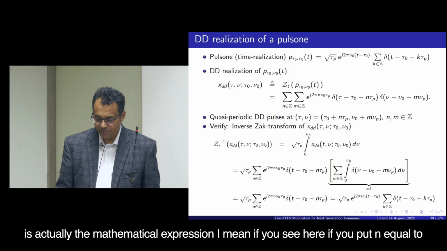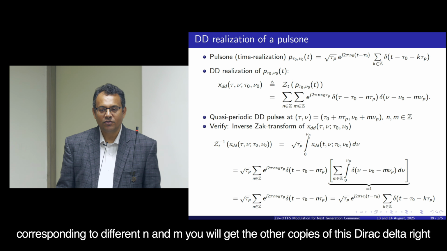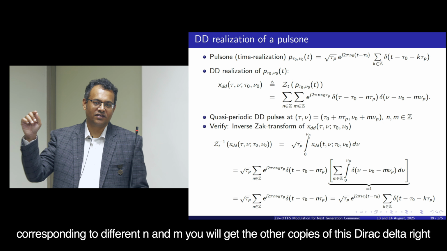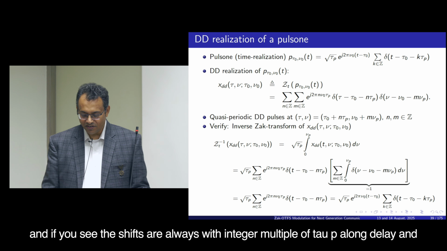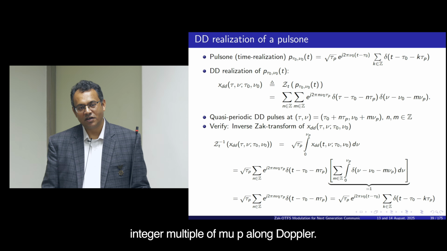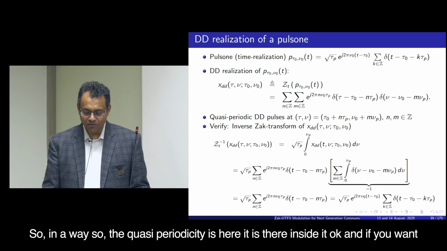If you put n equal to 0 and m equal to 0, then you will get a Dirac delta at tau naught, nu naught, and corresponding to different n and m you will get the other copies of this Dirac delta. And if you see, the shifts are always with integer multiples of tau p along delay and integer multiples of nu p along Doppler. So the quasi-periodicity is there inside it, okay.